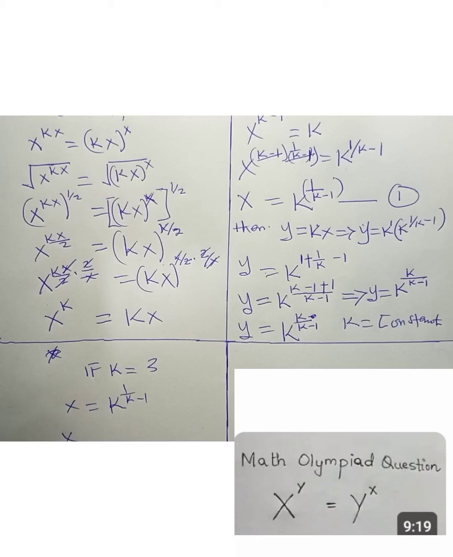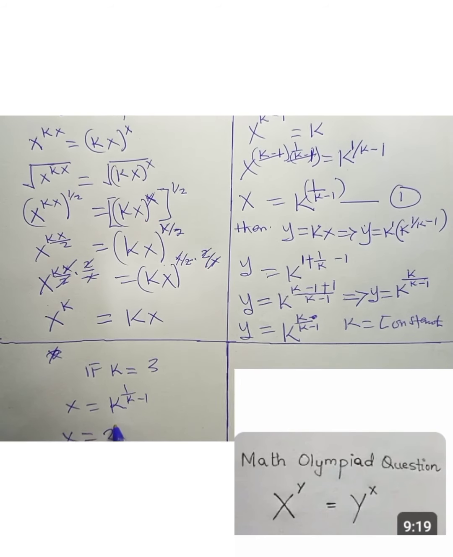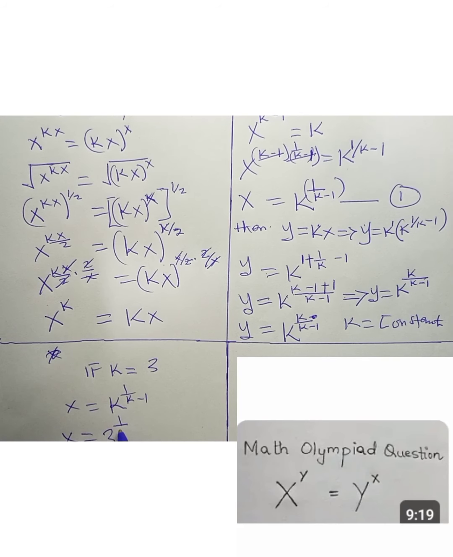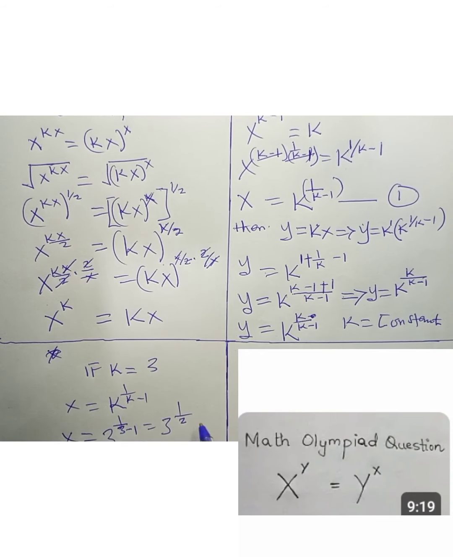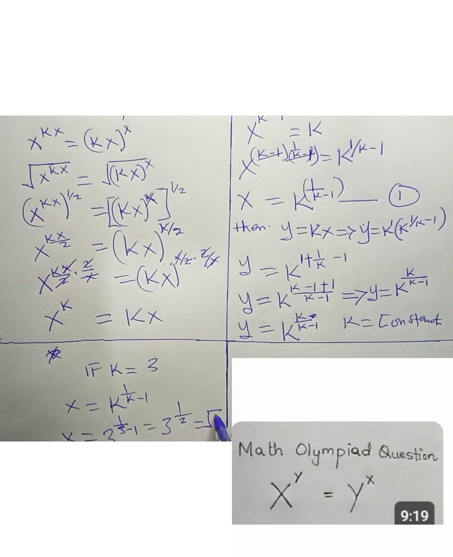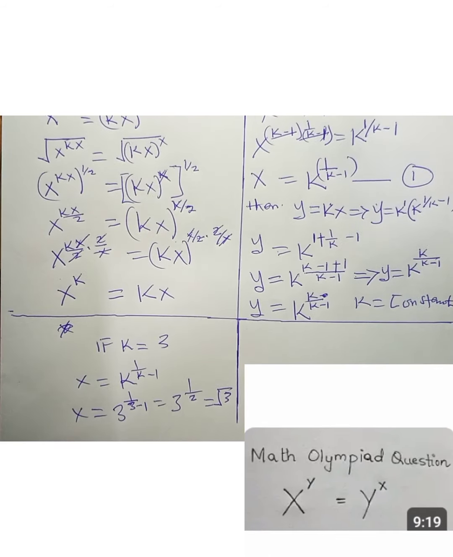Therefore x will be equal to 3 raised to power 1 over 3 minus 1, and the answer will become 3 raised to power 1 over 2, which is equal to the square root of 3.